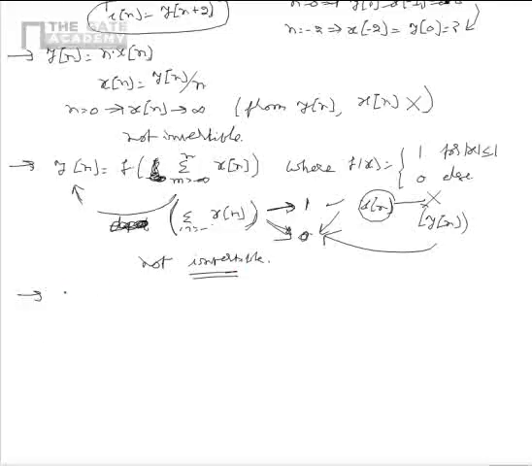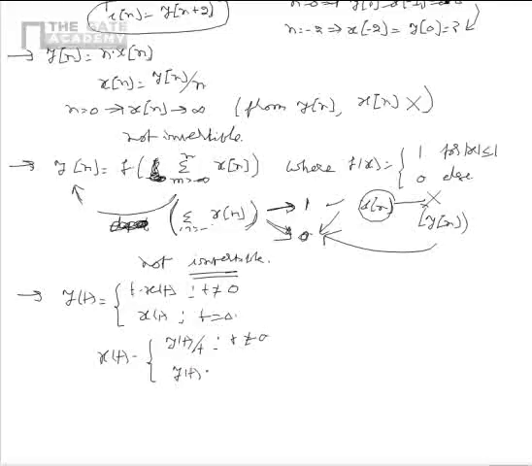Now let us consider another system, that is y of t is equal to t into x of t. This is for t not equal to 0, and it is x of t for t equal to 0. From this, we can see that x of t can be written as x of t equal to y of t by t for t not equal to 0, and it can be written as y of t for t equal to 0.